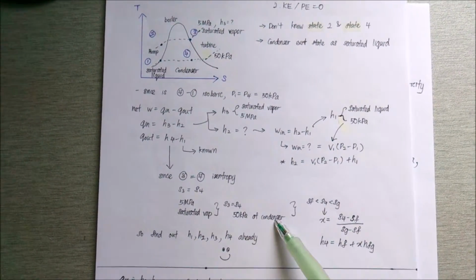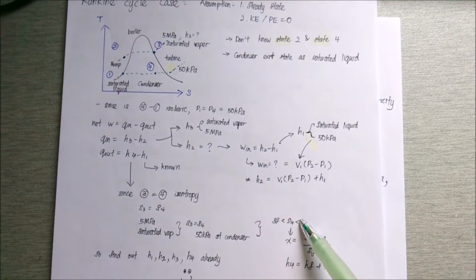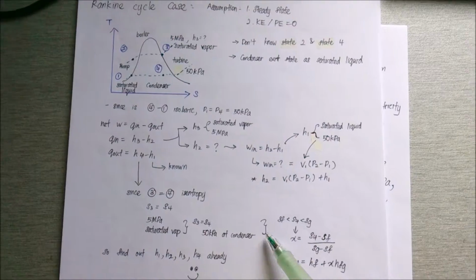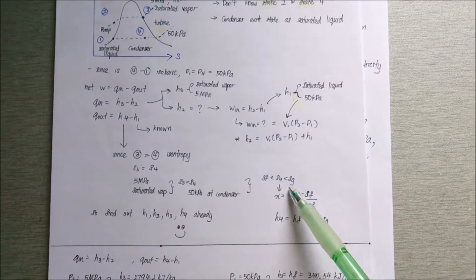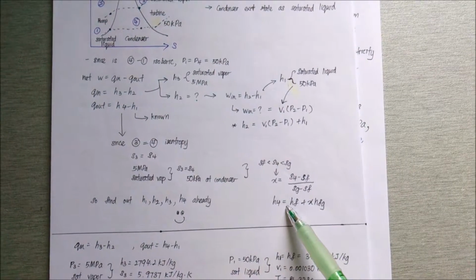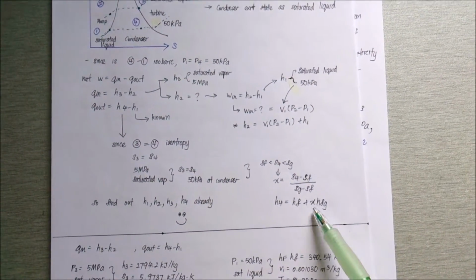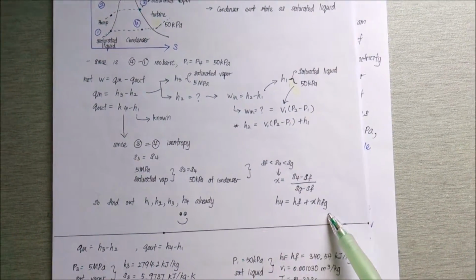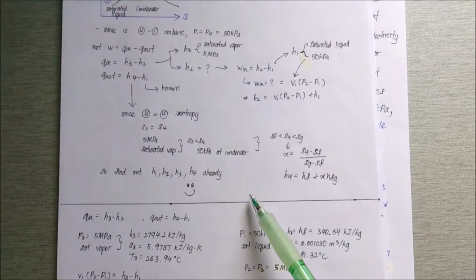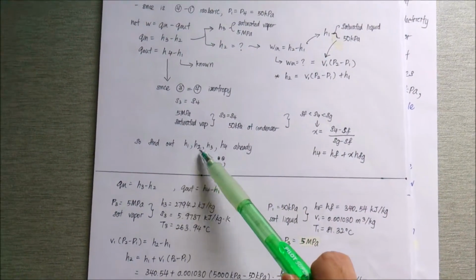Because it's a saturated liquid-vapor mixture, we need to find the entropy of the liquid and the vapor at 50 kilopascal, and using the formula for the mixture, we find the quality X. And we know that H4 will equal HF plus the quality times HFG. So using this value, we can find H4 too. After finding these values, of course, we can find the answer.